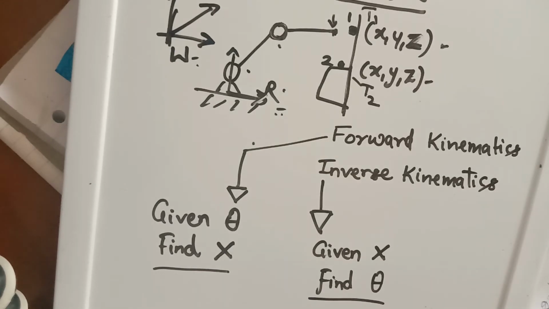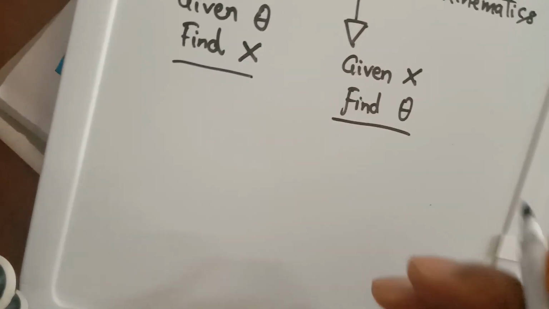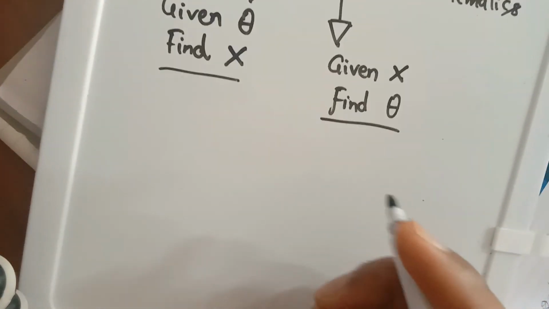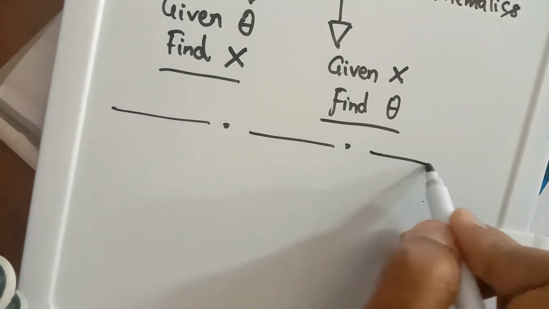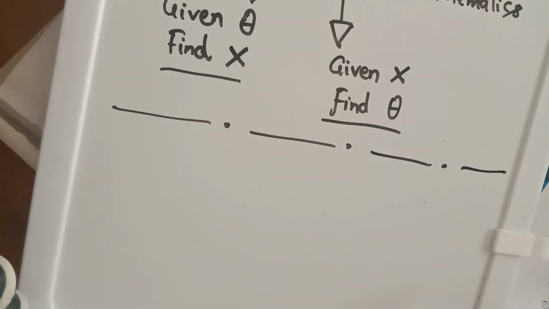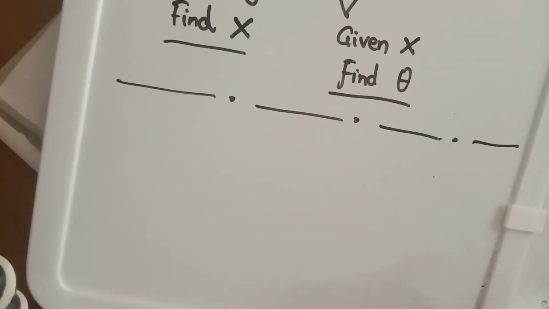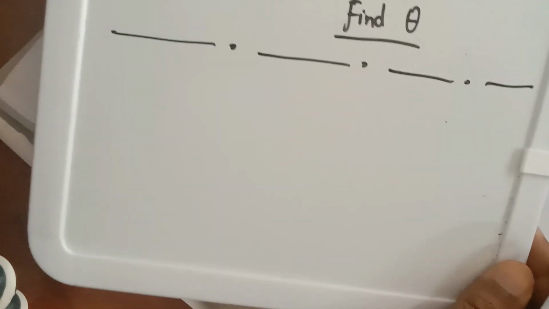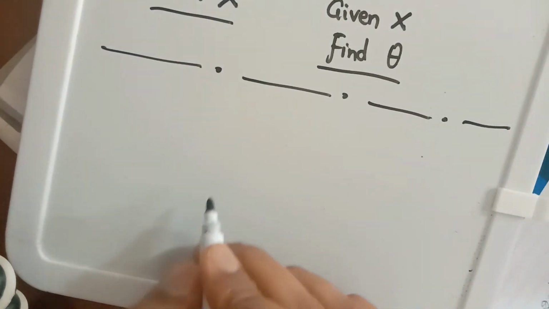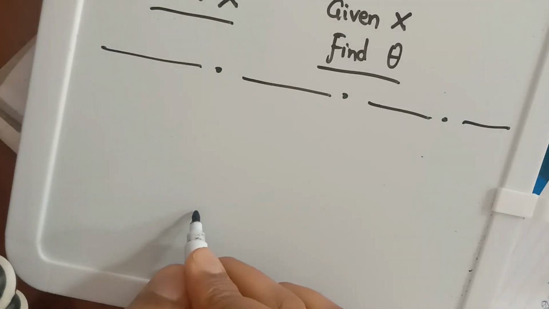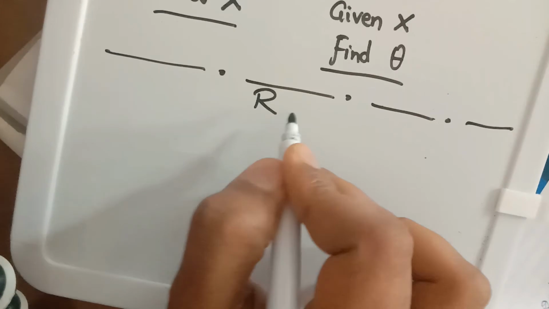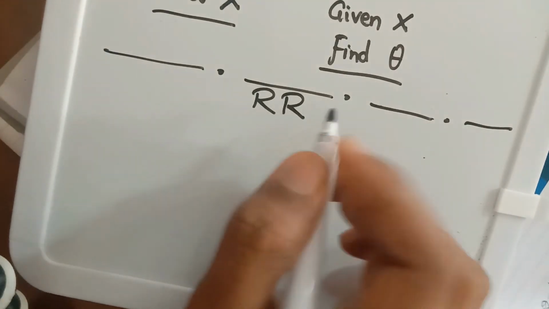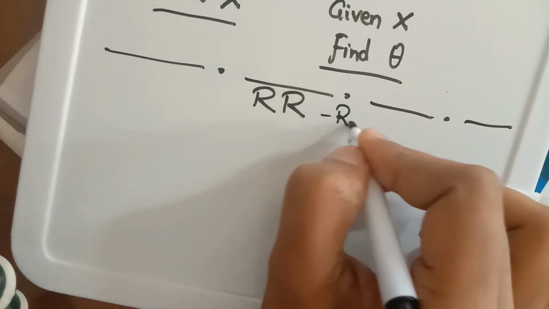So let us properly define what our system is, and then in the next lecture we will try to understand how to do the forward kinematics and inverse kinematics for this system, right? So our system is something like this. It is what is often called an RR robot.